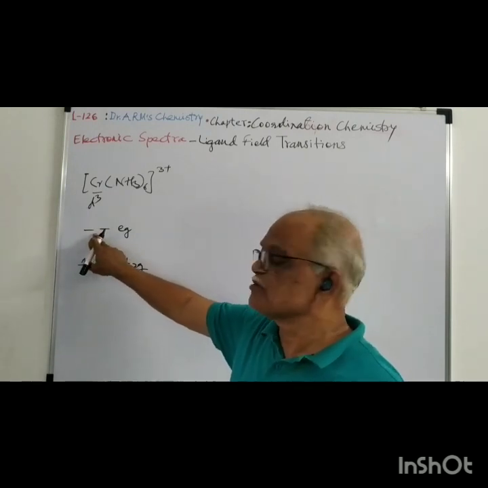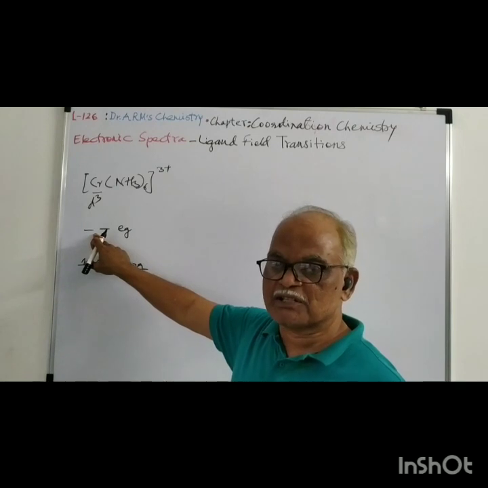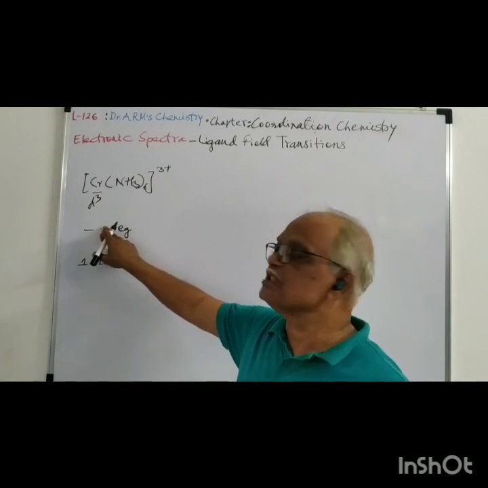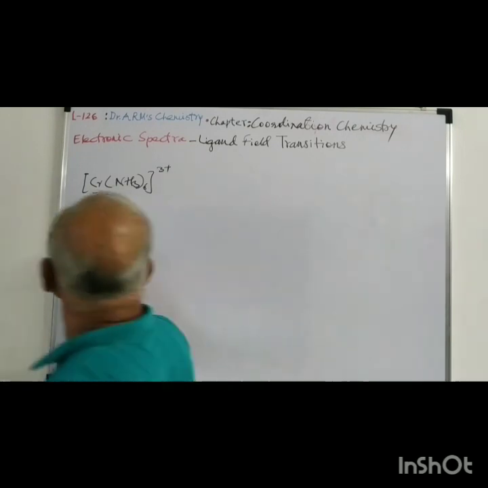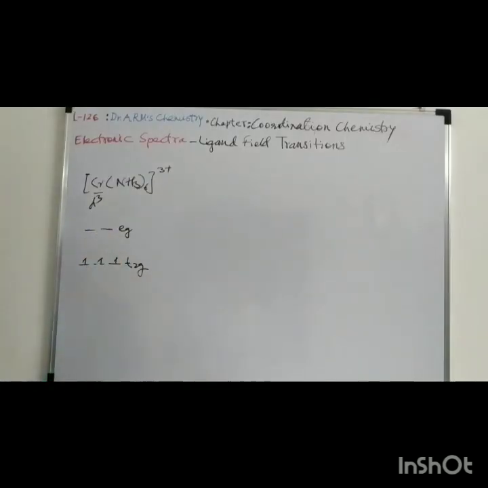Similarly, the 2 eg orbitals are also the same in energy but their orientation is different. This is the ground state before excitation, shown as t2g3 eg0.